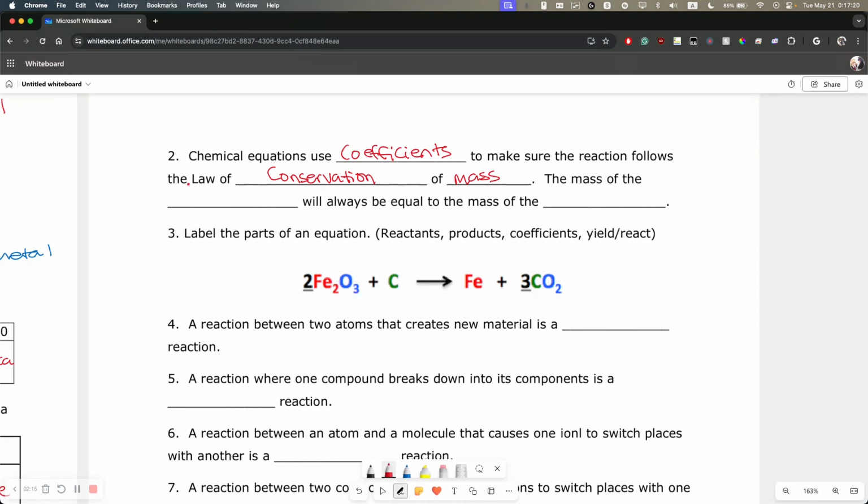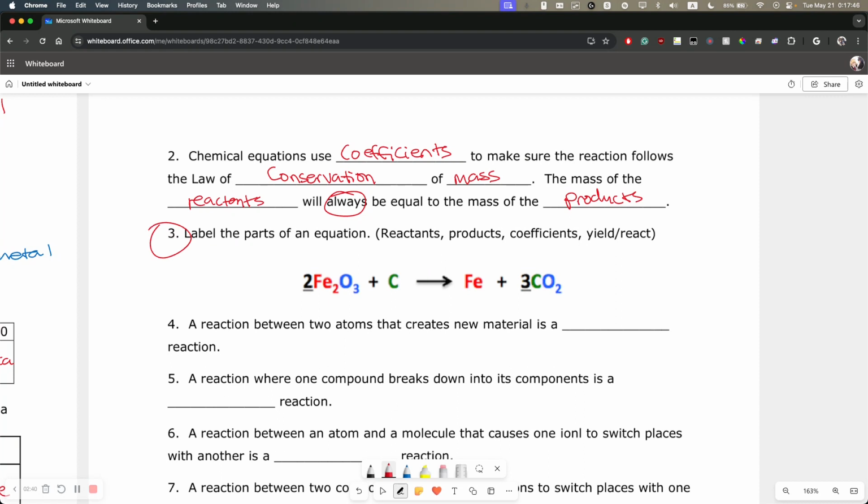The mass of the reactants will always be equal to the mass of the products, right? That means whatever we have on the left side of the reaction, we will have equal amounts on the right-hand side, because you can't create or destroy matter.